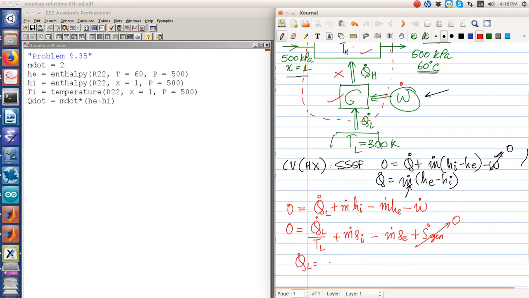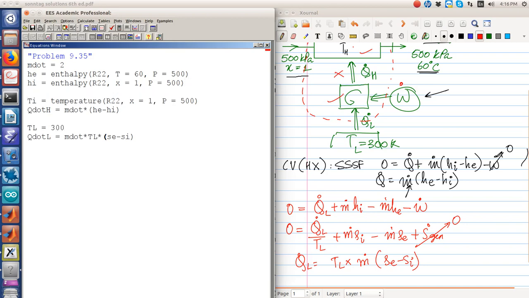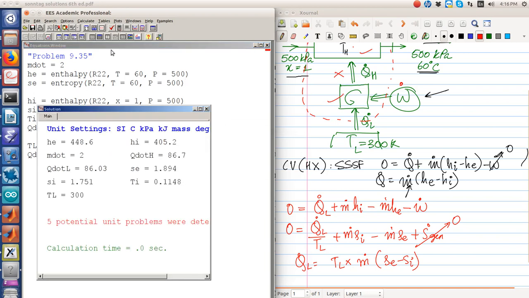So Q dot L is equal to M dot times TL multiplied by (SE minus SI), where TL is equal to 300 Kelvin, SI equal to entropy of R22 at X equal to 1, P equal to 500, which is the inlet state, and SE is entropy of R22 at T equal to 60 and P equal to 500. Let's see. So the QL is equal to 86.03.